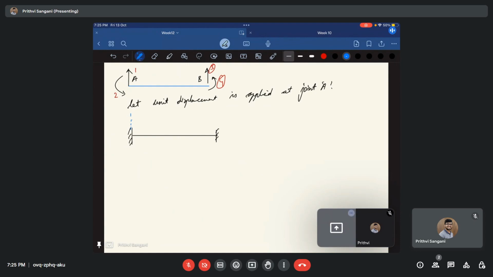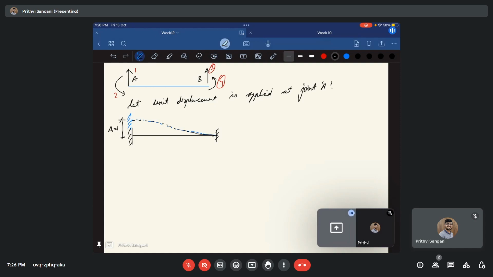This is how my beam is going to bend. I mark this as unit delta equal to 1. You see it is in the direction of 1, right? When you are giving a unit displacement, you need fixity in all the other degrees of freedom.